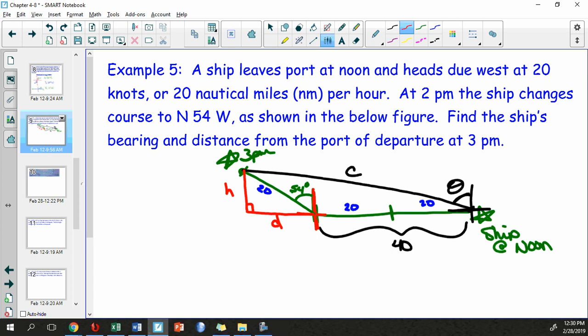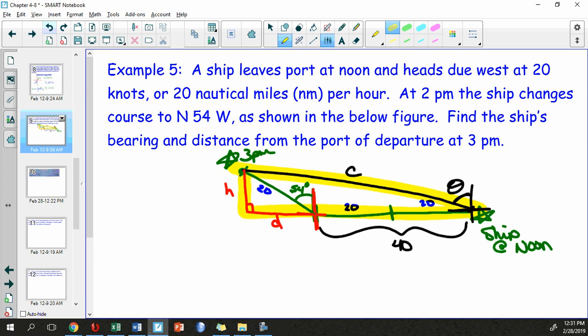I have this small triangle that has H and D. I have the oblique triangle. And then I have the larger triangle that is also right. Do you see that there are 3 triangles? We need them all.